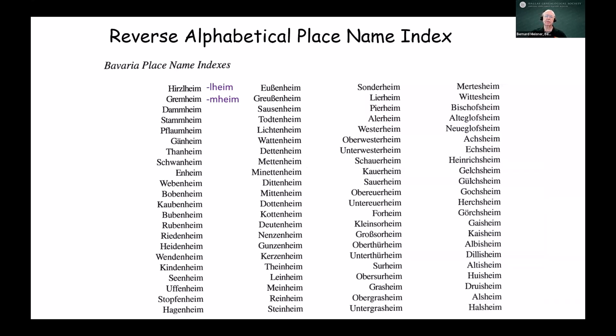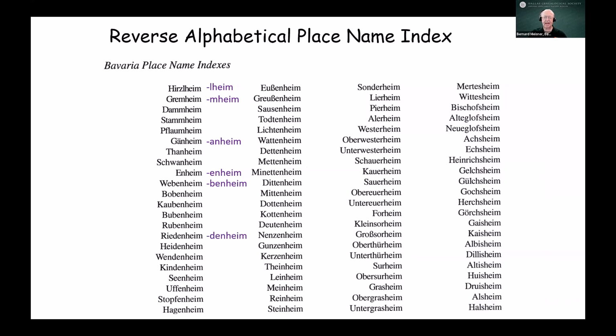And I'm starting here with the page of the Heims. It starts with the L-Heim on the top of this page. Then we're going alphabetically: the M-Heims, and then the N-Heims, which are the A-N-Heims, the E-N-Heims, the B-E-N-Heims. So just how many of these letters can you figure out?